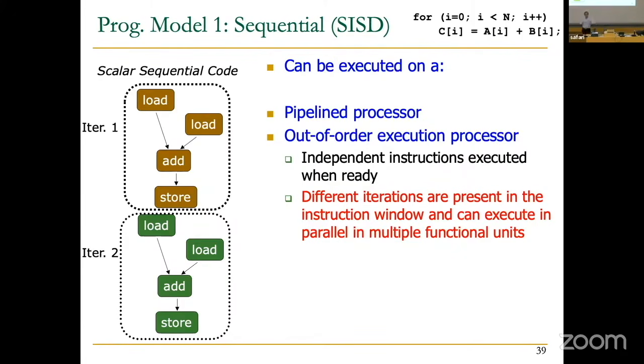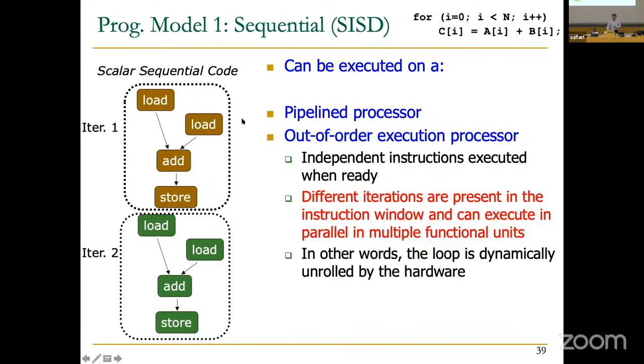So it's really taking advantage of the fact that these different iterations are parallel. And also, even within an iteration, there's parallelism between instructions. So in other words, the loop is dynamically unrolled by hardware. If you have heard of the term loop unrolling, you basically unroll the loops. You don't need to know that, but essentially, dynamically, the hardware is unrolling the loops, iteration by iteration.